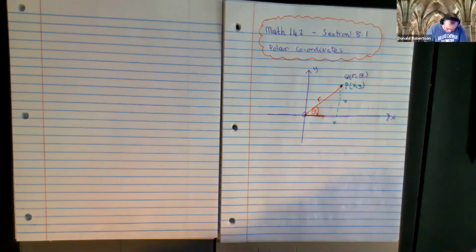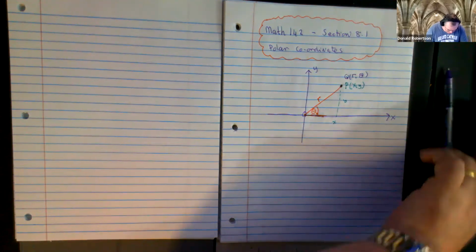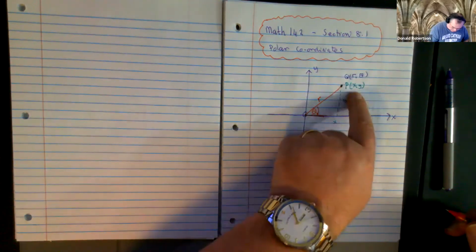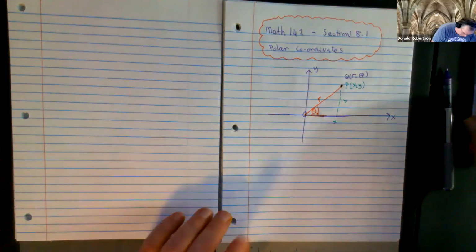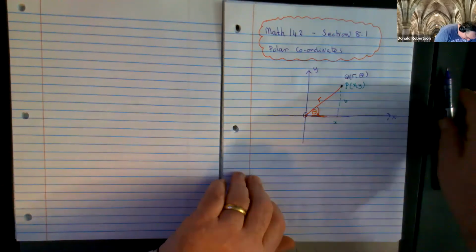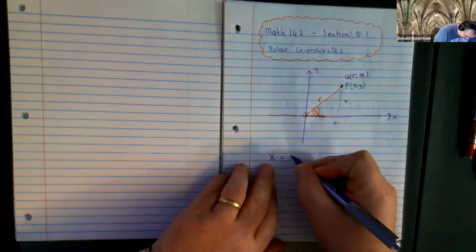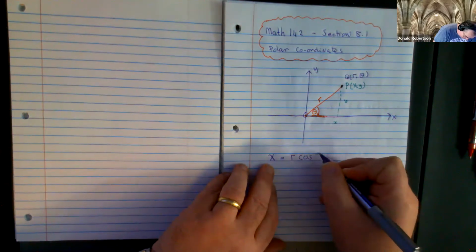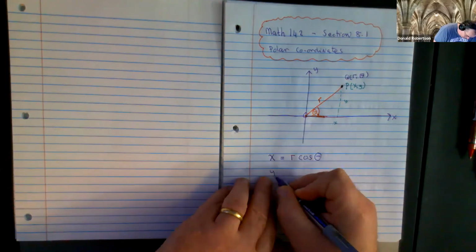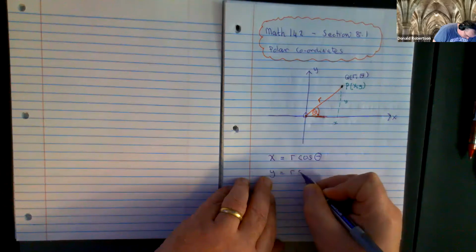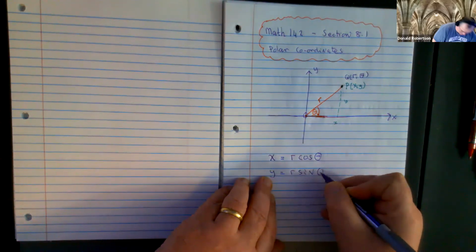So what we're going to do is set up how these coordinate systems play well together. The x coordinate is r times the cosine of theta. The y coordinate is r times sine of theta.